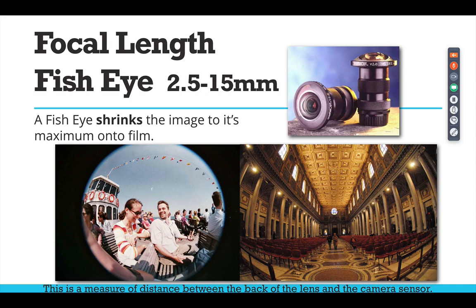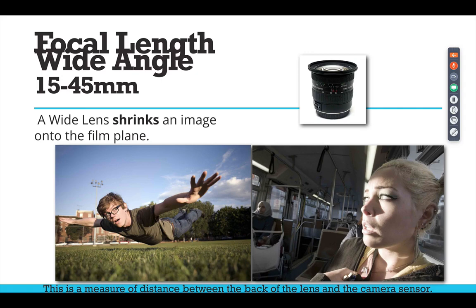Now, the next lens group, and this can go anywhere from 2.5 to 15, but generally it's going to be under 15 millimeters for a fisheye lens. A wide-angle lens, the top of the lens is curved slightly, but not as bubbly as the fisheye.